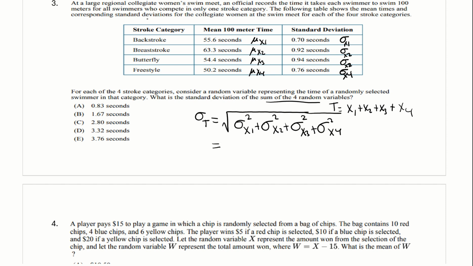Okay, so this is how you combine the standard deviations. All right, so we got the square root of 0.70 squared plus 0.92 squared plus 0.94 squared plus 0.76 squared. All right, and if you do that, you get B, 1.67 seconds.